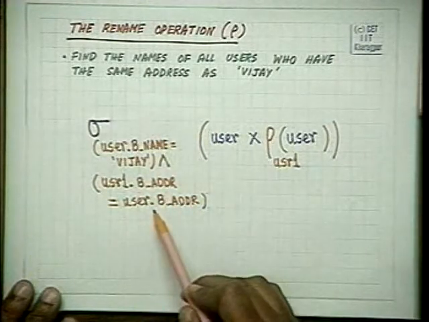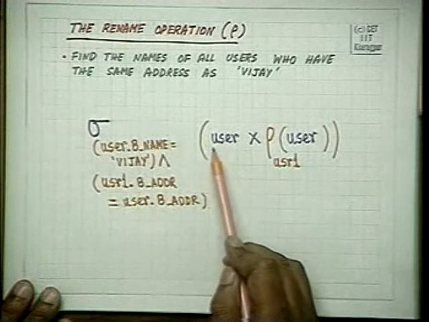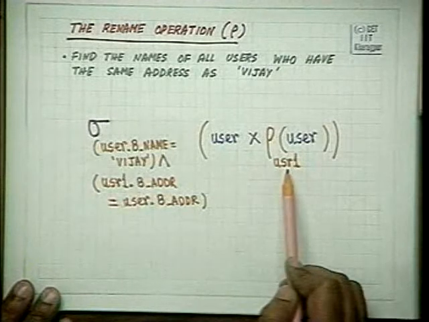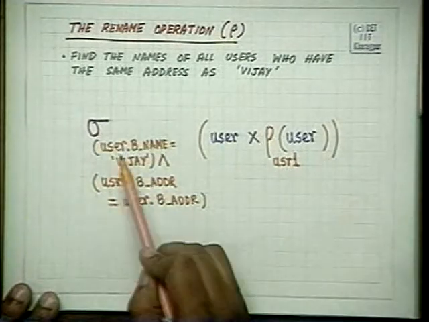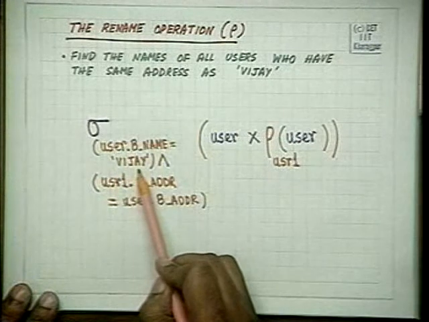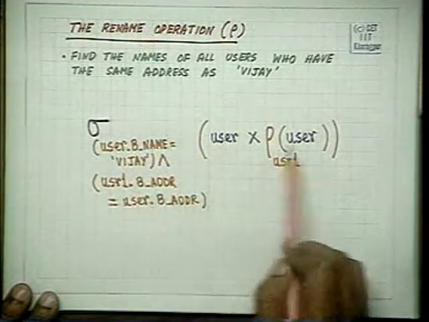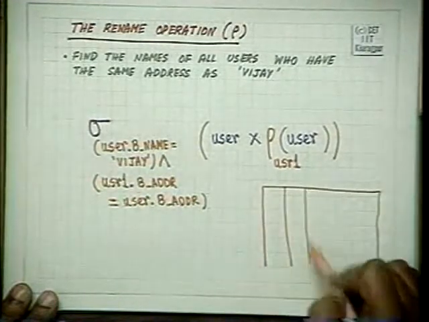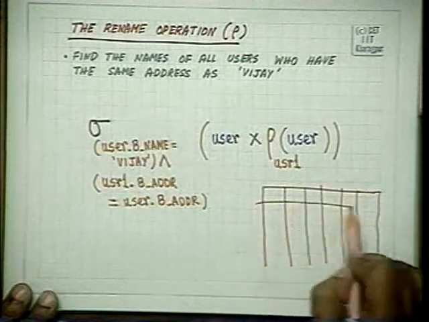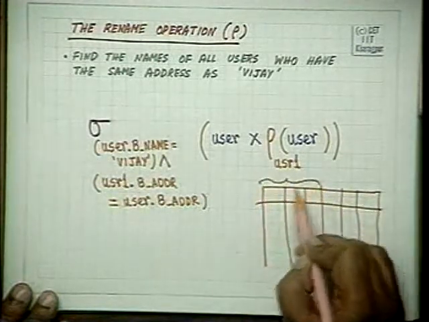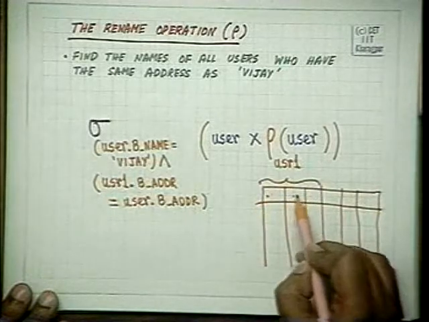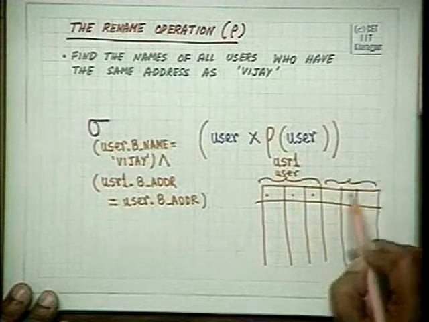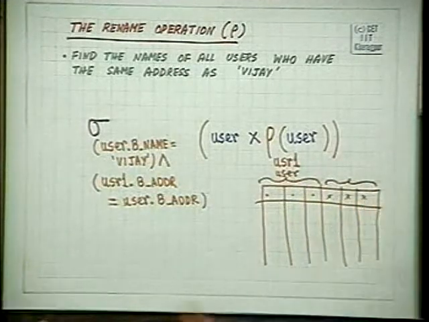So at this point, from this user and USR1, we have got a tuple in which we have extracted those whose names are Vijay. This has got 6 attributes: three attributes corresponding to card number, name, address of user, and 3 attributes corresponding to card number, name and address of USR1.